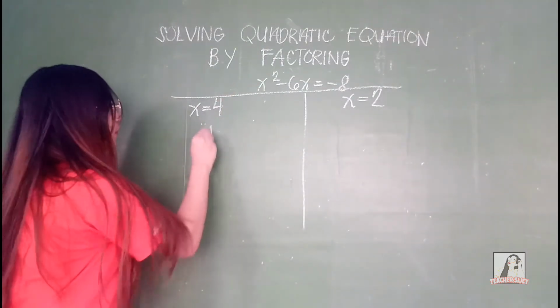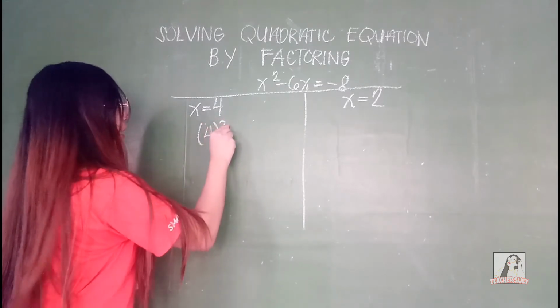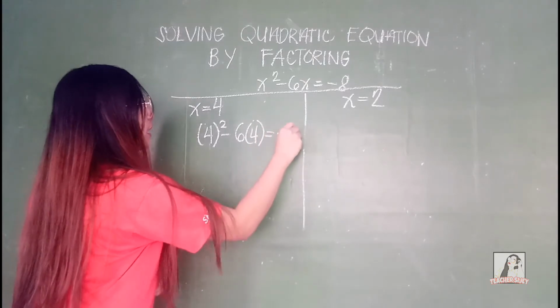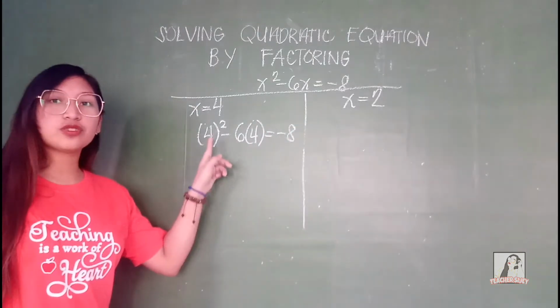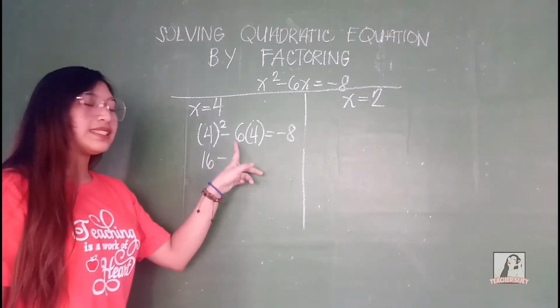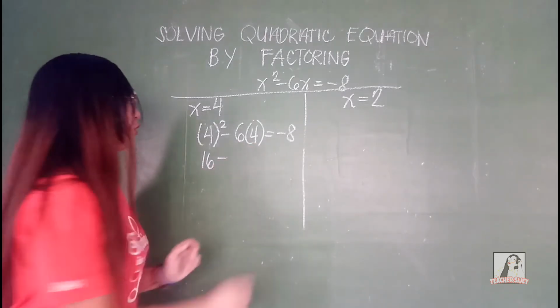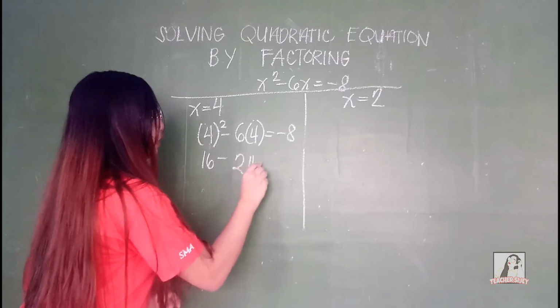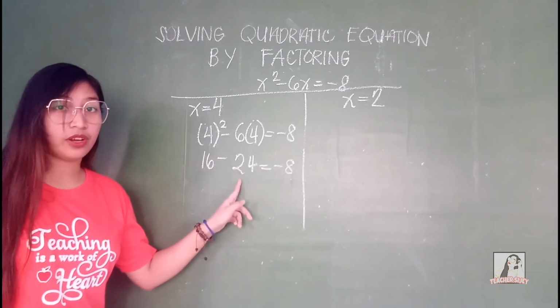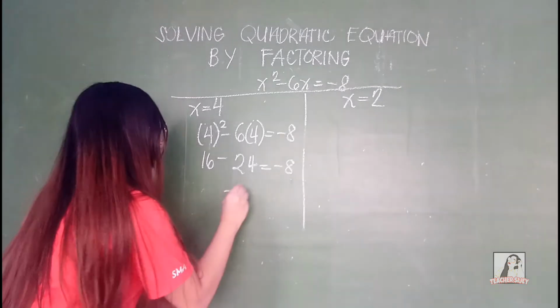We have 4 squared minus 6 times 4 equals negative 8. So 4 squared is equal to 16, minus 6 times 4, which is 24, equals negative 8. 16 minus 24 is negative 8.